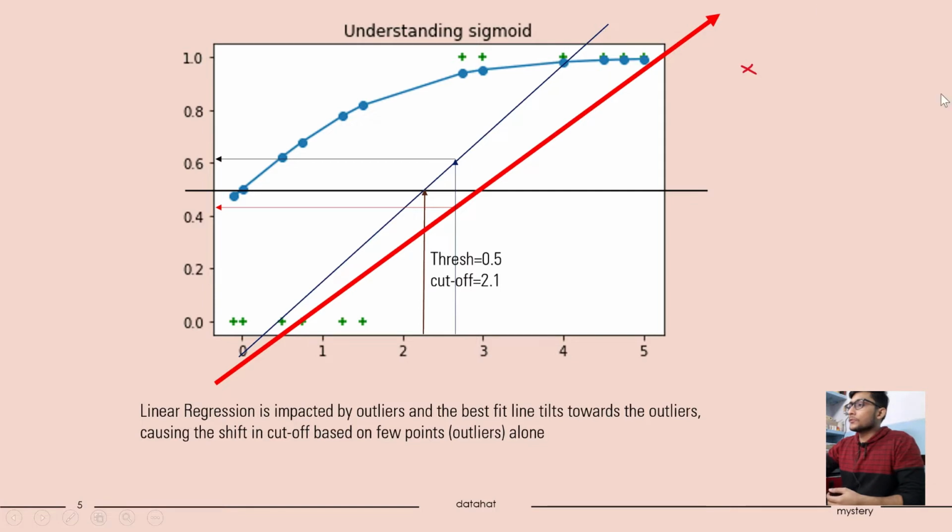Say you have an outlier which is very far off. Now your best fit line would completely tilt towards that point, and most certainly you might not get any appropriate cutoff in that scenario. So linear regression, when used with a cutoff for a classification setting, is very much prone to outliers, and therefore we should clip our values.